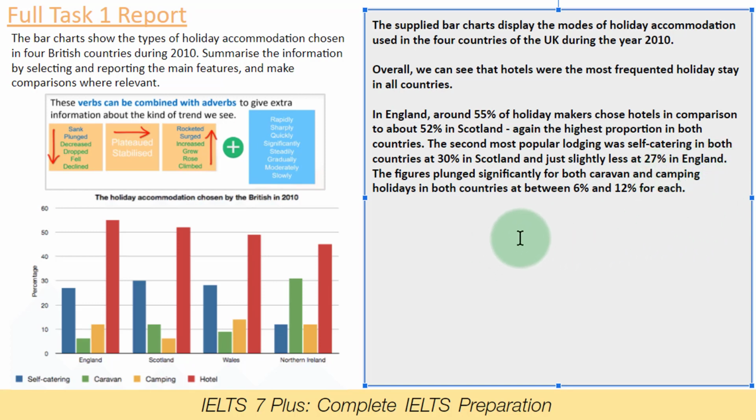The figures plunge significantly for both caravan and camping holidays in both countries at between 6 and 12% for each. Okay, so group 1 is done. Nice detail here. So I'm probably going to begin in a similar way and describe this in a similar way.